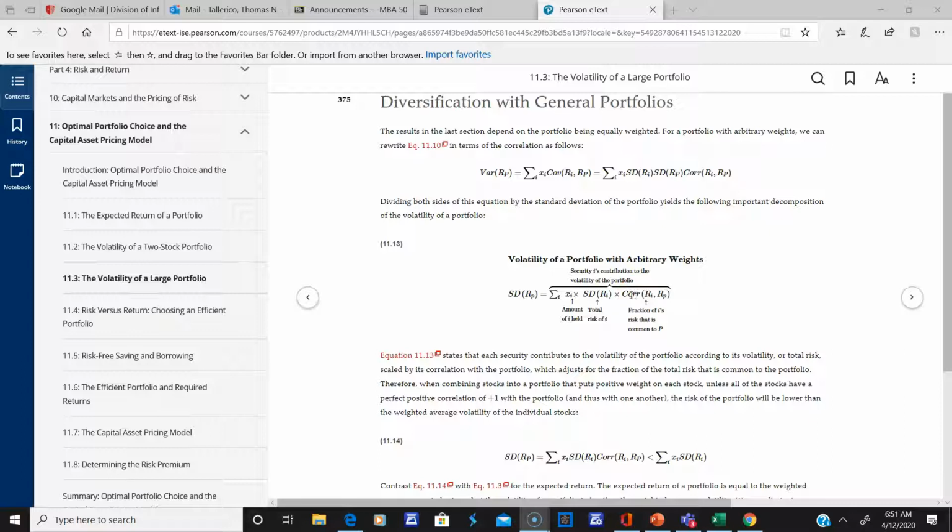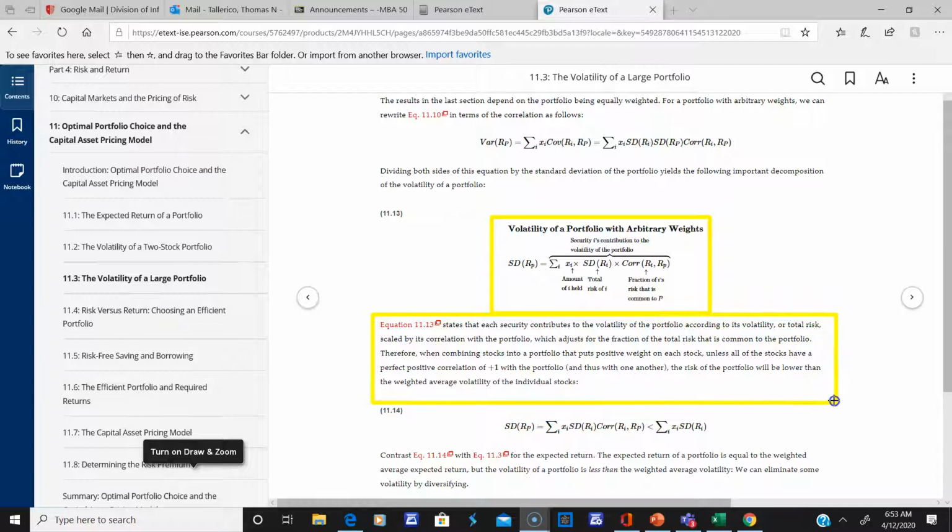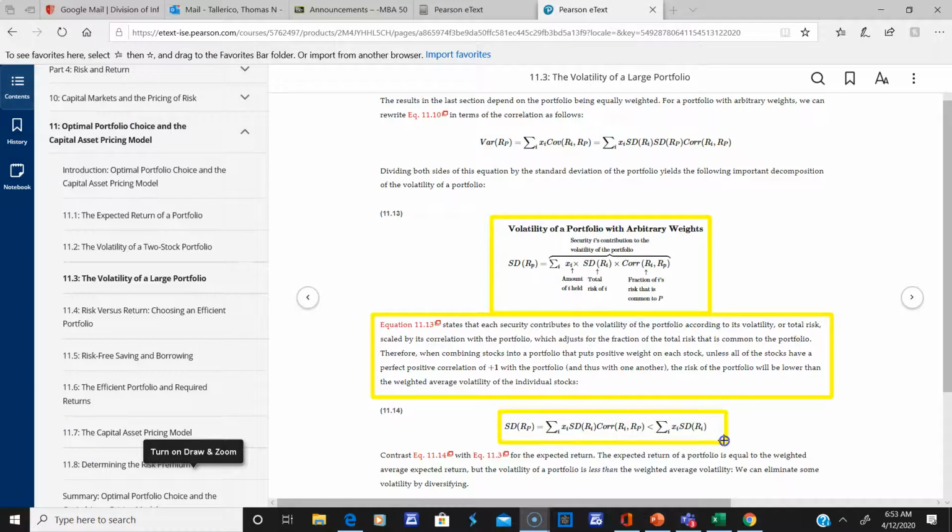And as we sum these, I highlighted some of these items here, and this comment here is somewhat important. They're just letting you know that by diversifying, you decrease your volatility. And that's pretty important.